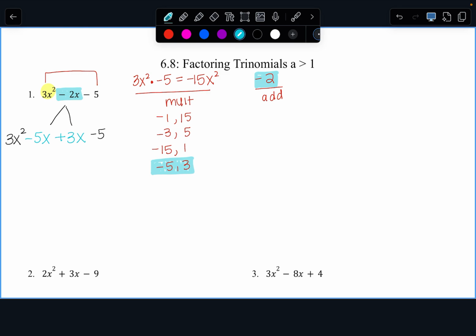So we found two numbers that multiply to get negative 15, add to get negative 2. Those numbers were negative 5 and 3. But because there's a number in front here, we need to replace the middle term with those two pieces we just found.